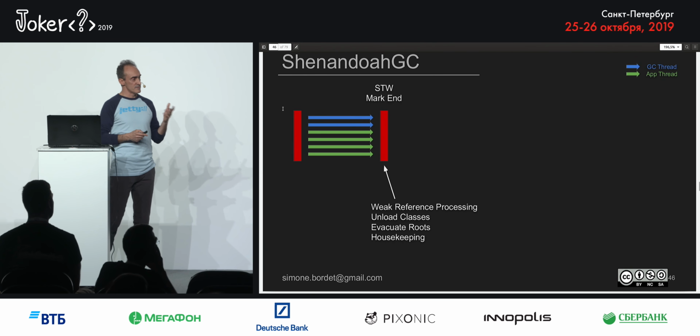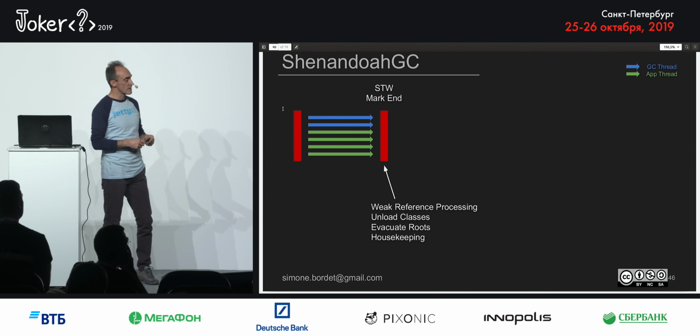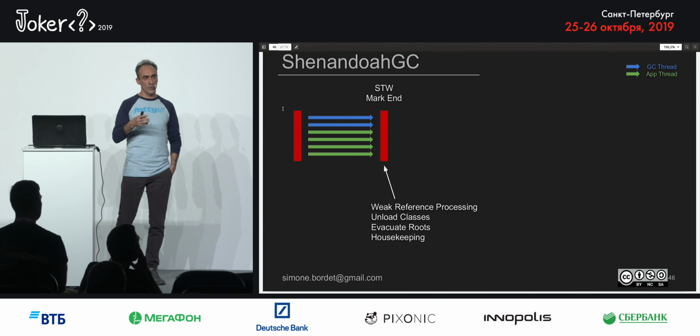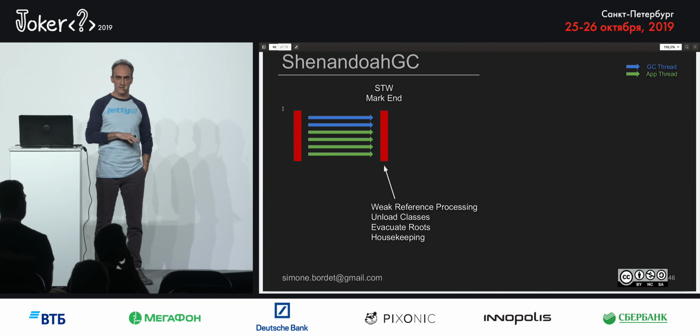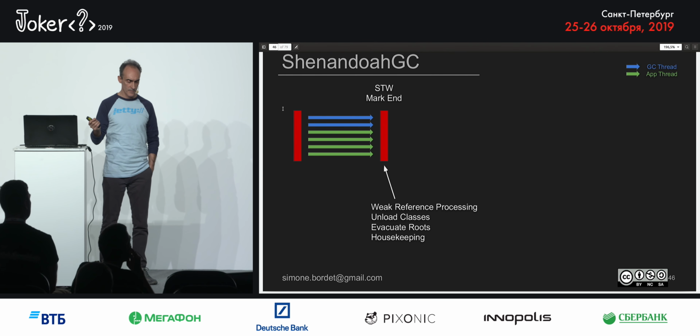And then there's a stop the world mark phase at the end of the marking, where Shenandoah does a lot more things than ZGC. In this stop the world phase, Shenandoah is processing the weak references, which ZGC was actually doing concurrently in the next phase.